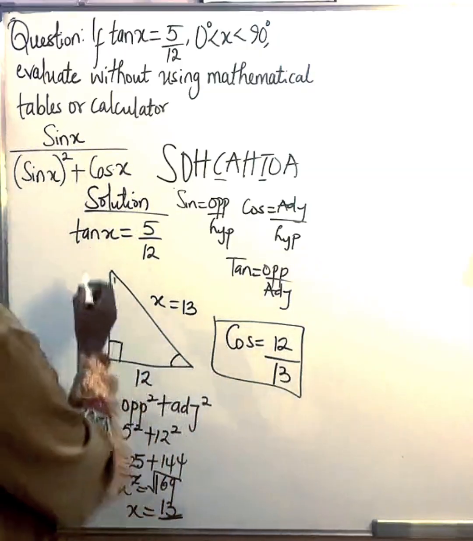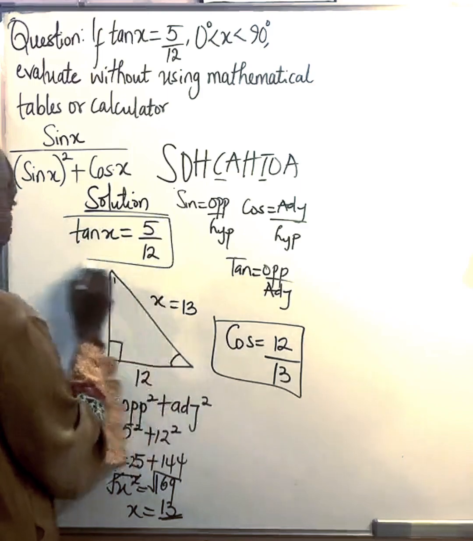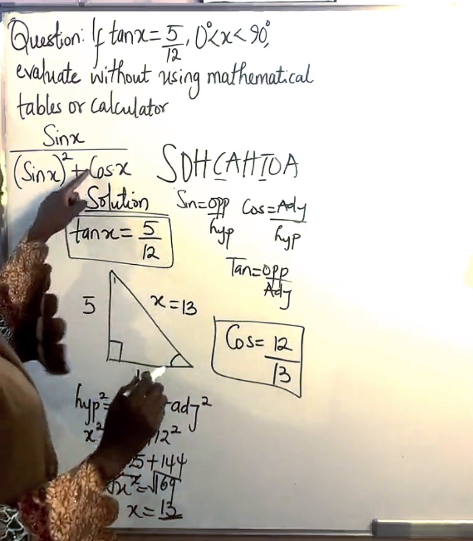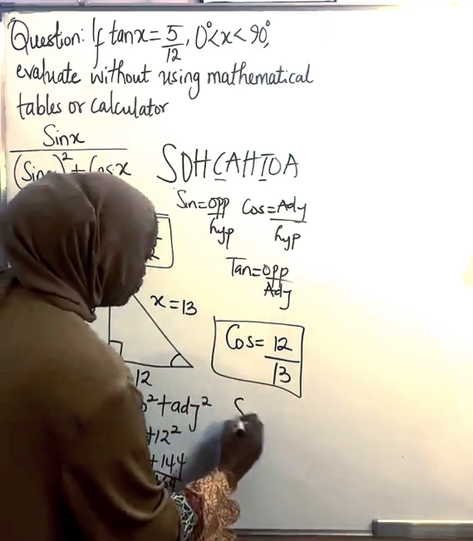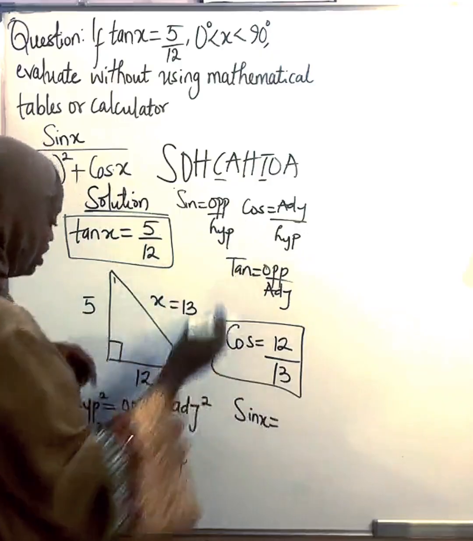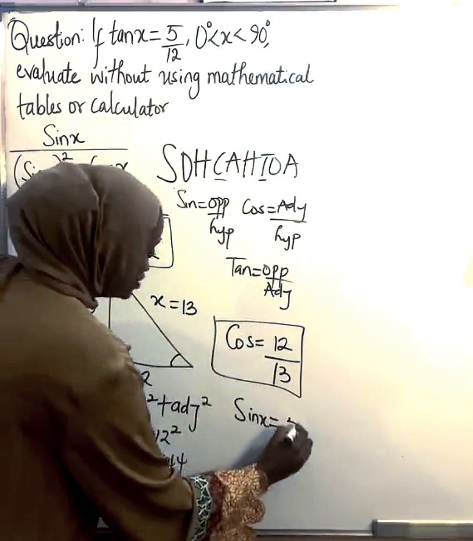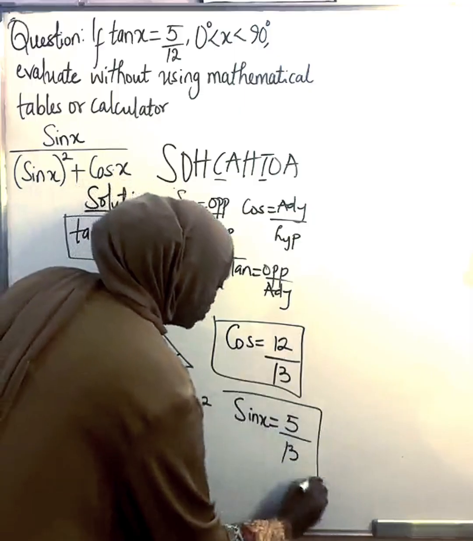From the question, we already have tan, which is 5 over 12. We also need sin x: sin is opposite over hypotenuse, and the opposite here is 5 all over the hypotenuse, which is 13.